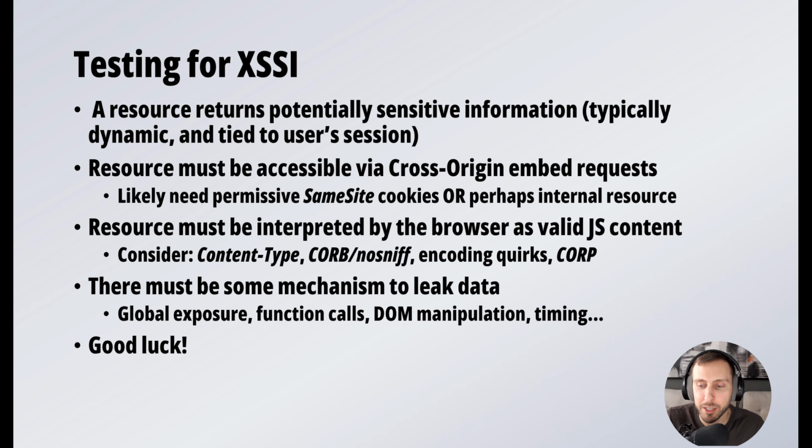So finally, since mostly we talked about cross-site script inclusion as far as unique vulnerabilities, I decided to include a slide on testing processes. Ultimately, you're looking for a resource that returns potentially sensitive information. Typically, that's going to be dynamic and tied to a user session. So you're also going to need a way to invoke that session cross-origin, like permissive cookies or something else.